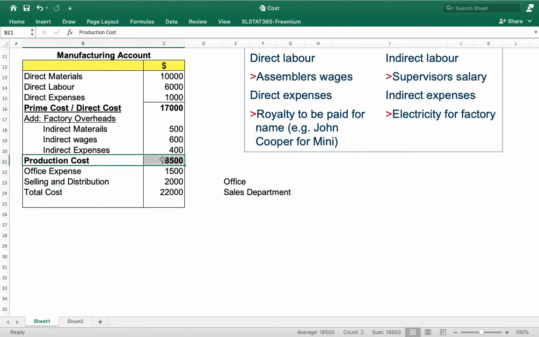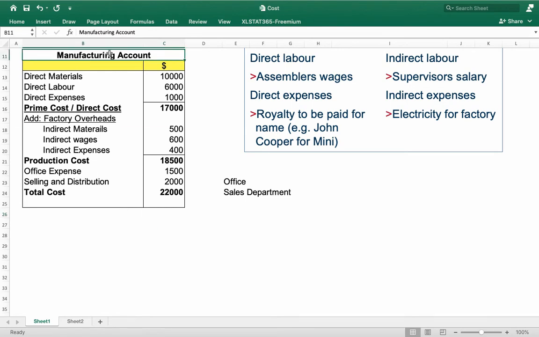Because you are producing the goods, this is the production cost. And you are administrating everything, right? So for that you need an office. Office people are working there, so you add that here. Then sales and distribution expenses. And this is the total cost of your business.